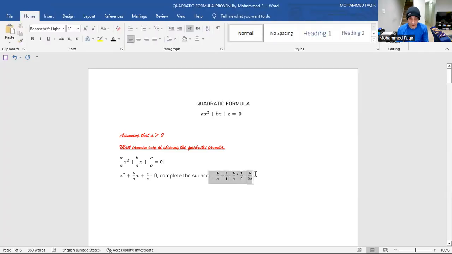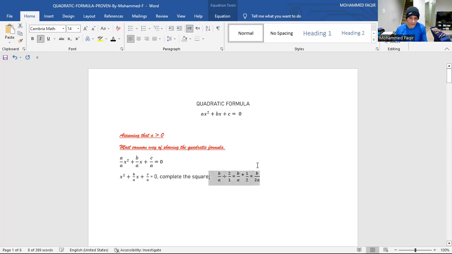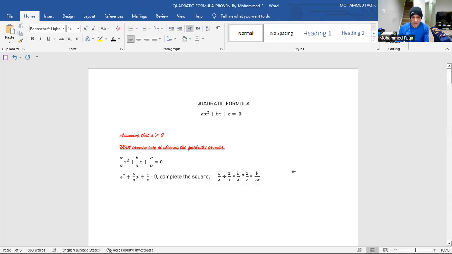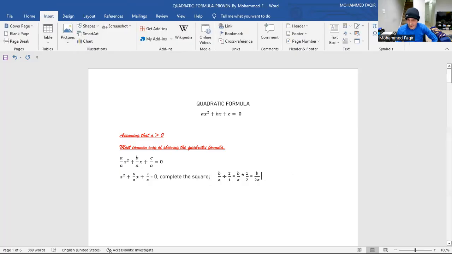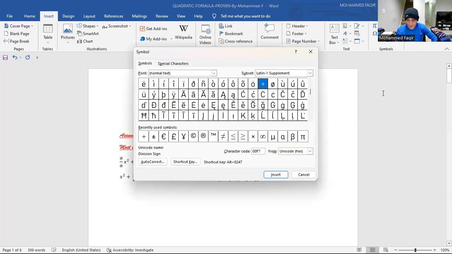So I'm gonna make this a little clearer. So that's what you need to square. So what is the square of b over 2a? It's nothing else than, so I'm just gonna go here. I'm gonna go more symbol. No, I don't do symbol.